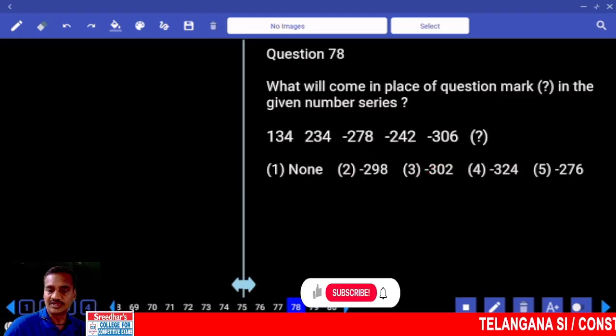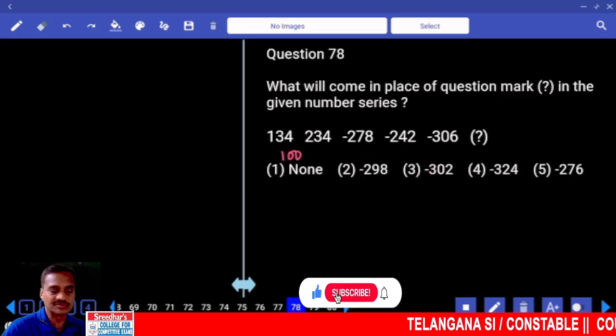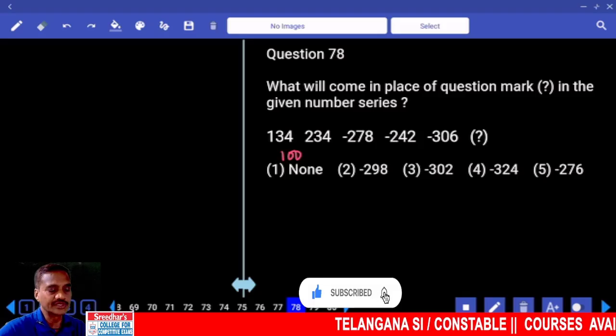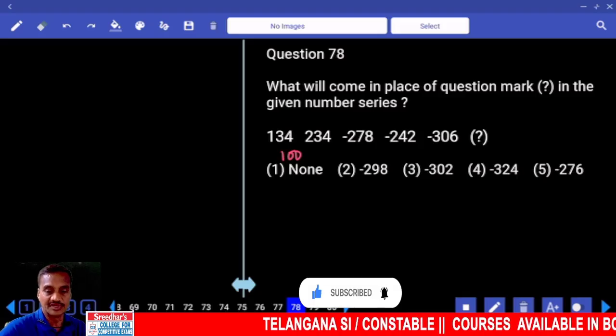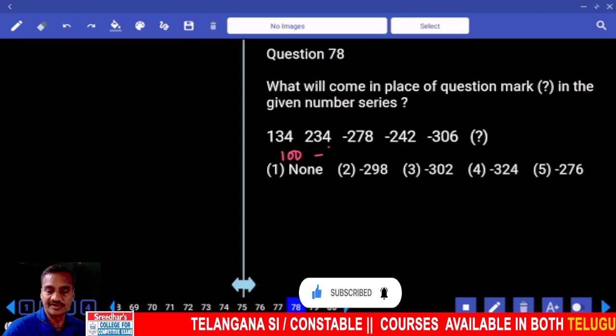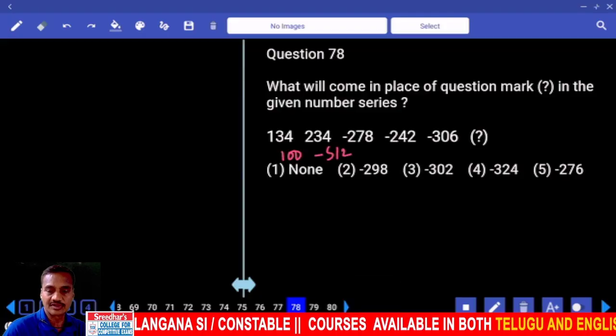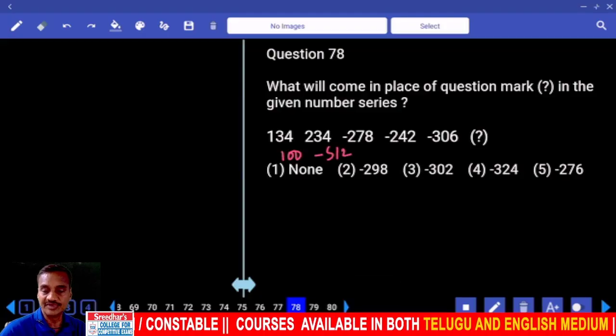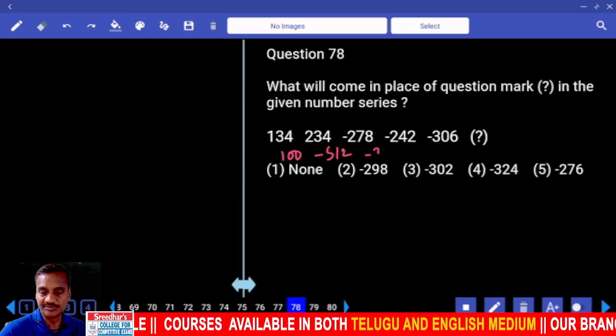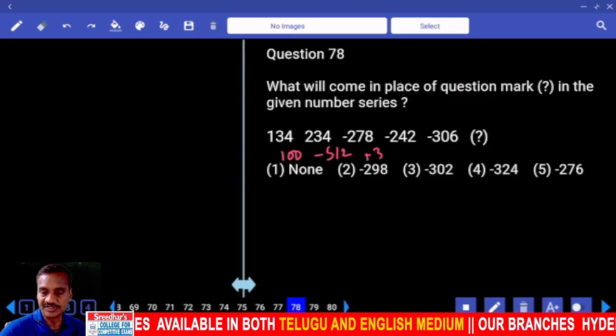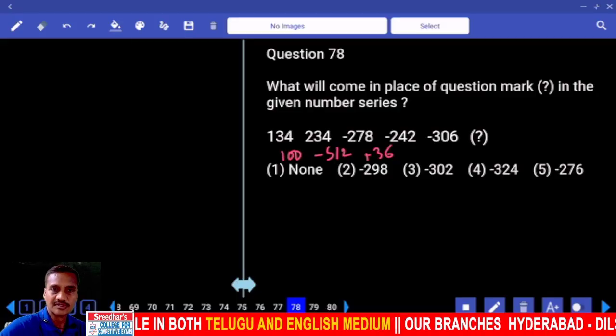Now in this 78, 134 and 234 difference is so much? 100. And next one 234 and minus 278. What is the difference here? Minus 512. 10 square, 8 cube. And 278 and 242. Here it must be plus 36. Isn't it?